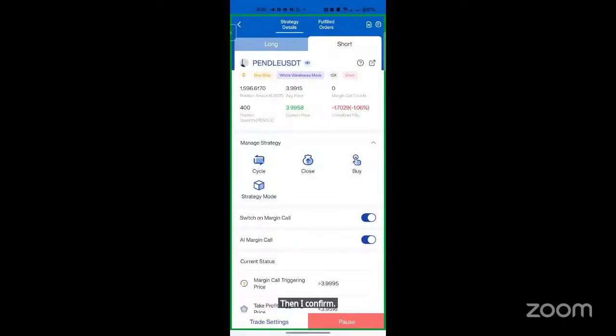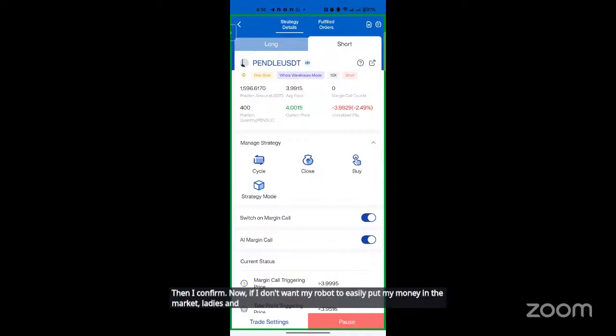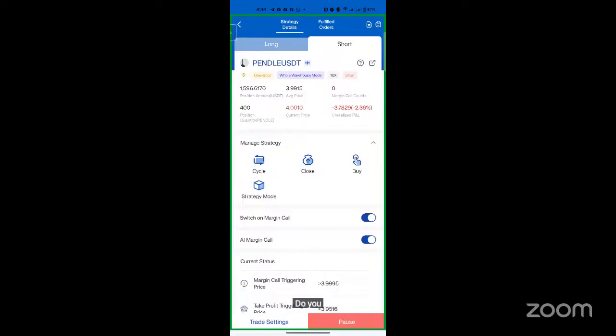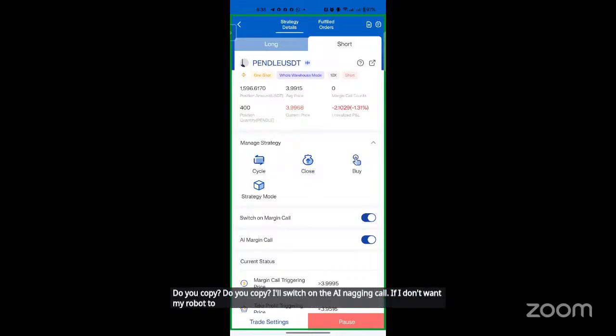Now, if I don't want my robot to easily put my money in the market, ladies and gentlemen, I will switch on the AI margin call. Do you copy? If I don't want my robot to easily put my money in the market, I'll switch on the AI margin call to protect my capital.